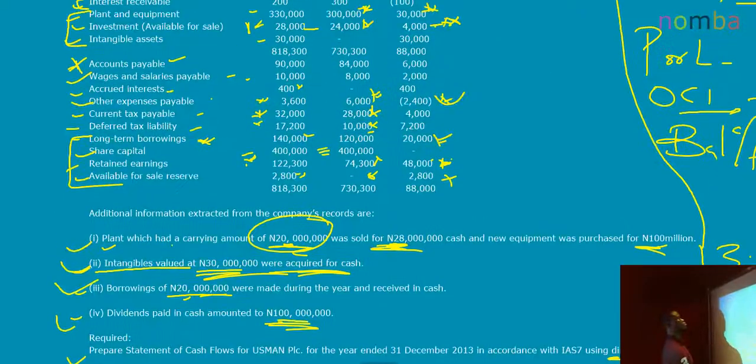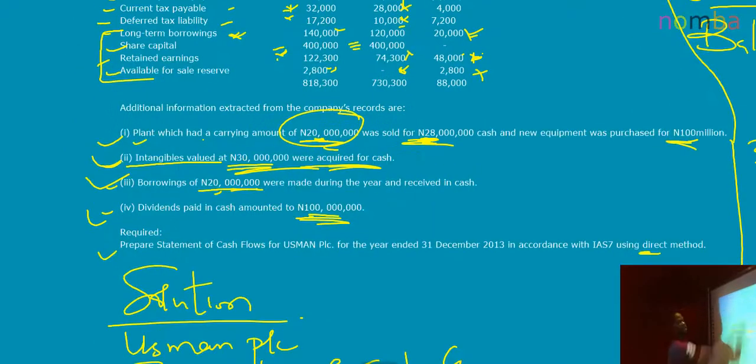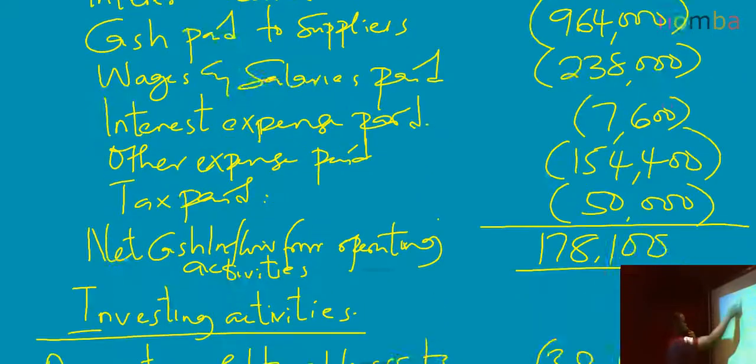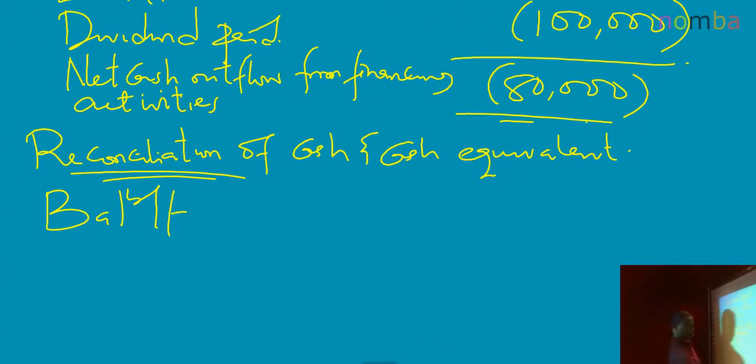Let me see the way they expressed it there. It is the cash at bank. And the cash at bank at the beginning, as we have it here, was 120,000. So I will have 120,000 here.